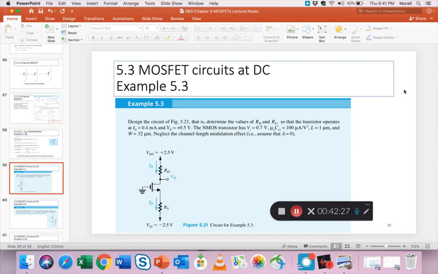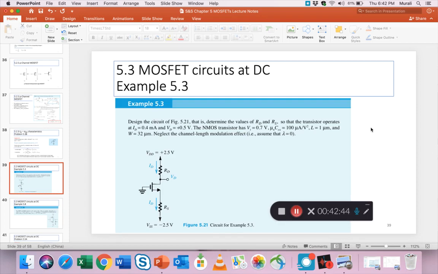539 is an example. Now we have actually entered the very last section in this first half of this chapter. So we are looking at MOSFET circuits at DC.